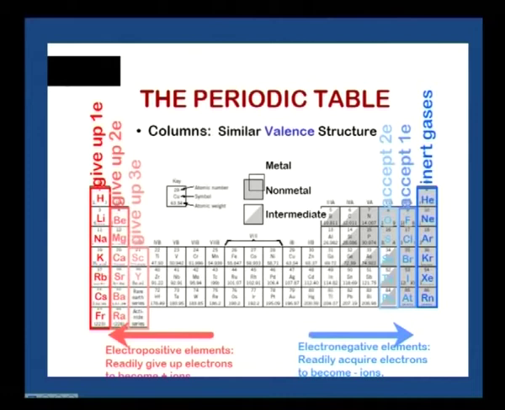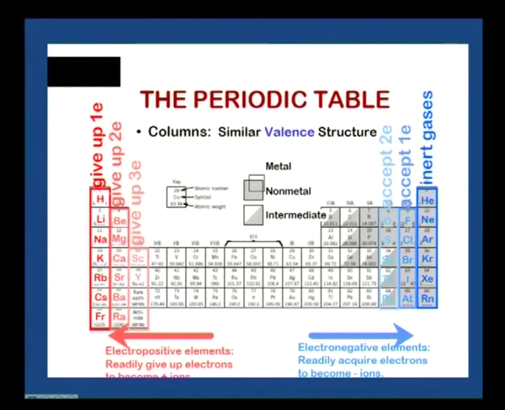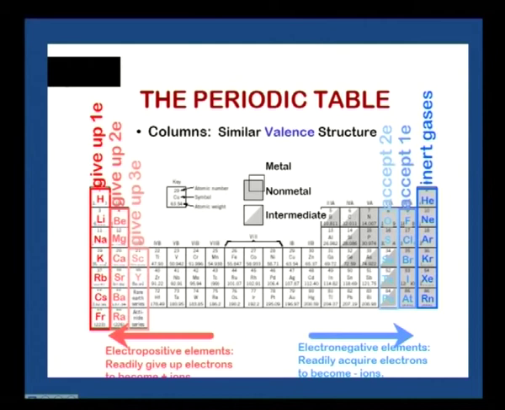I showed you a table wherein I showed that there are electropositive elements which are willing to readily release electrons, right. Whereas, on the right hand side you have elements which are highly electronegative, which are ready to receive the electrons. The atoms on the left hand side are ready to release electrons, and they are called electropositive.